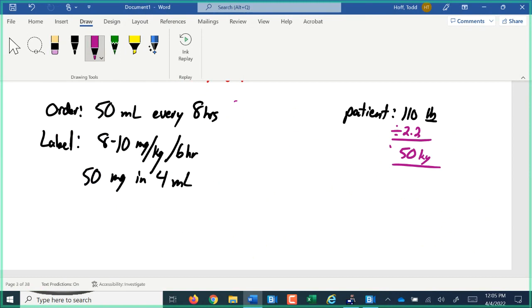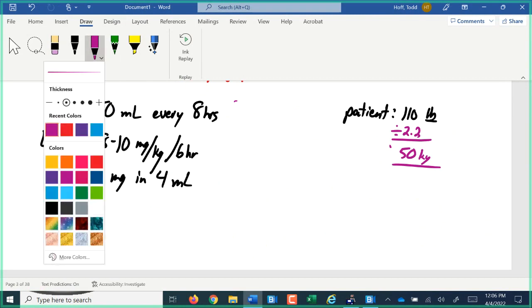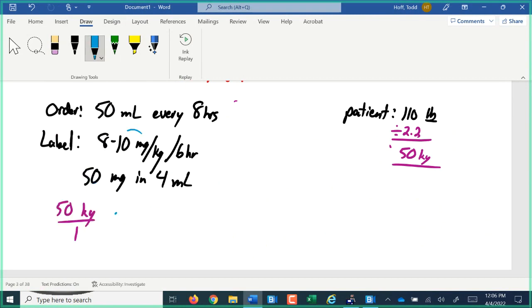Once again, our first step is going to be to convert that weight in pounds to kilograms. We divide 110 pounds by 2.2 to get 50 kilograms. Now, of course, we do the high end of the recommendation, which is 10 milligrams per kilogram, canceling out the kilograms.